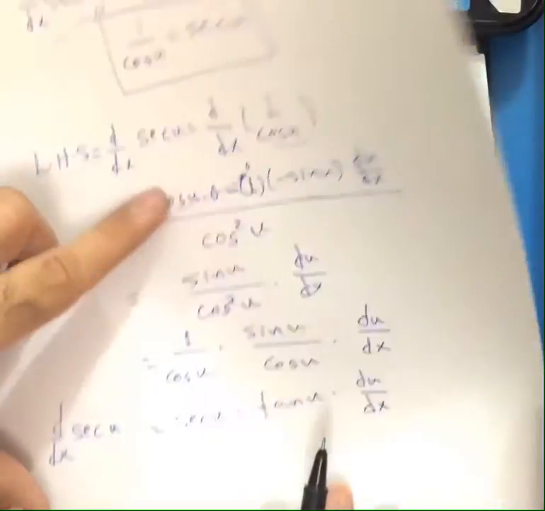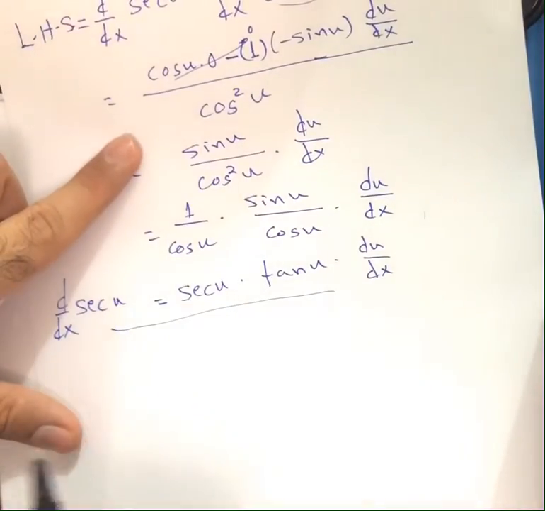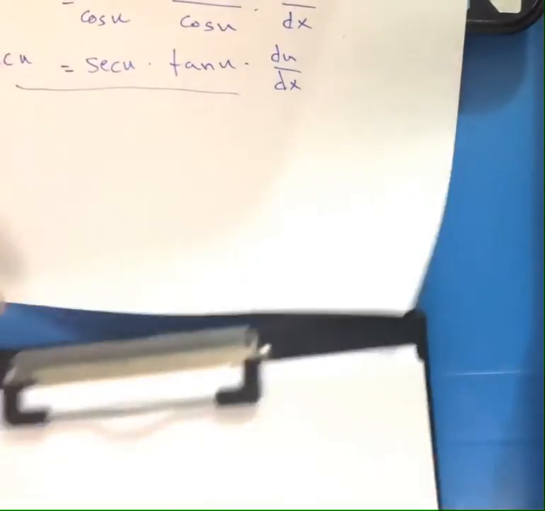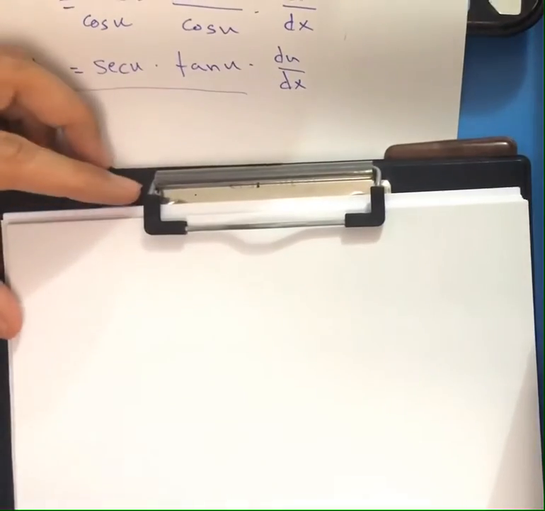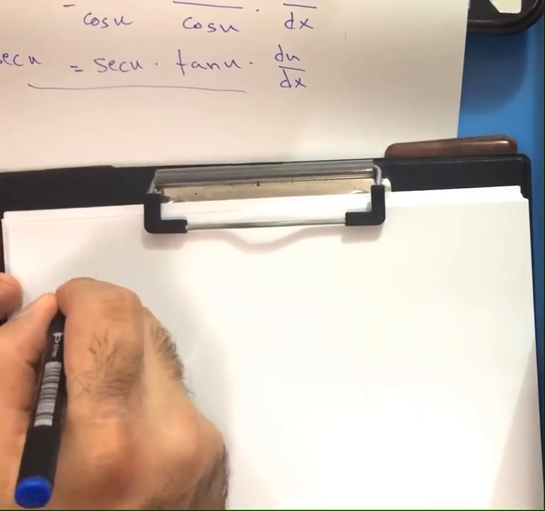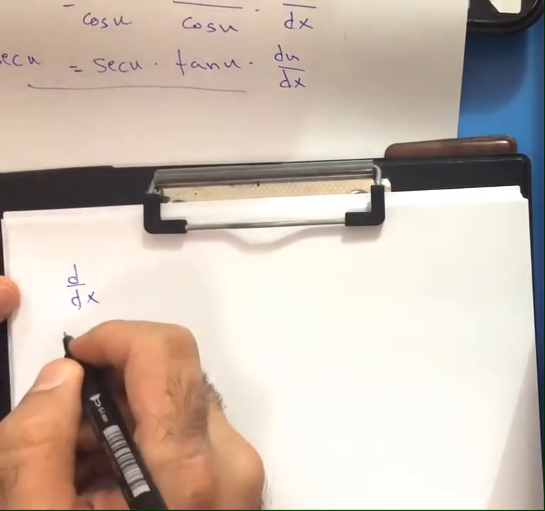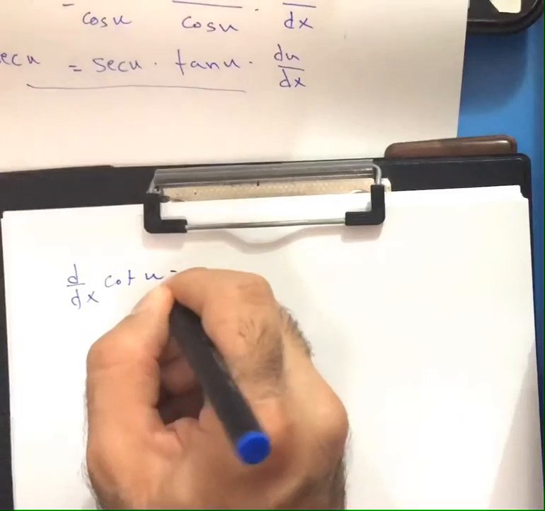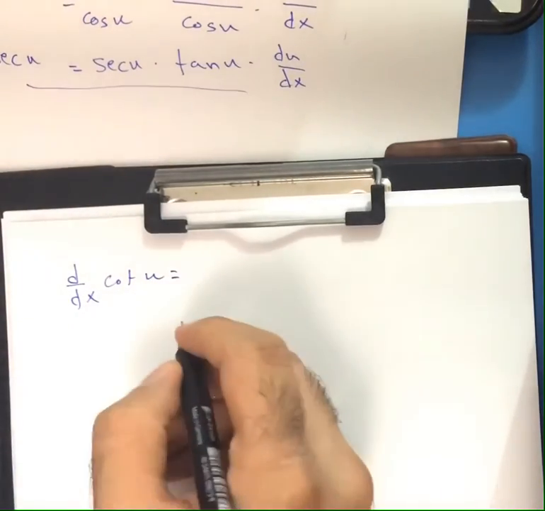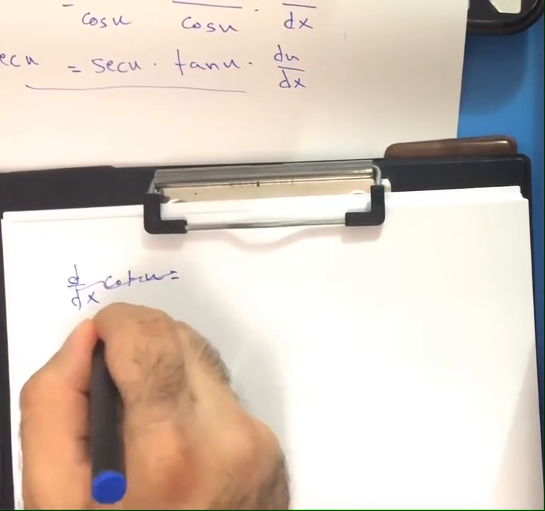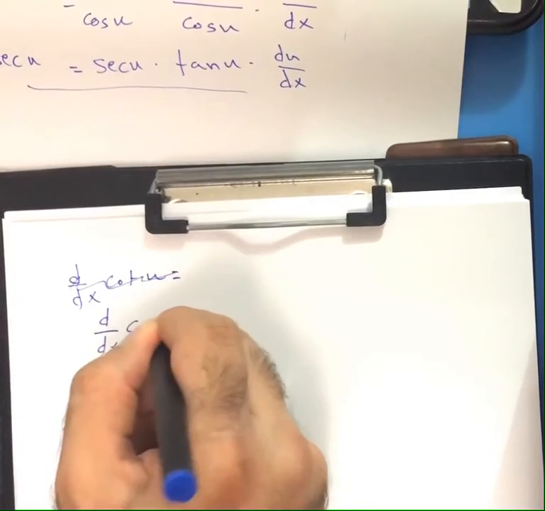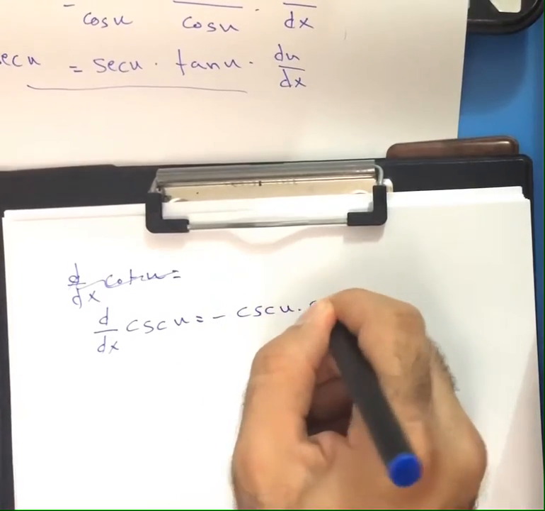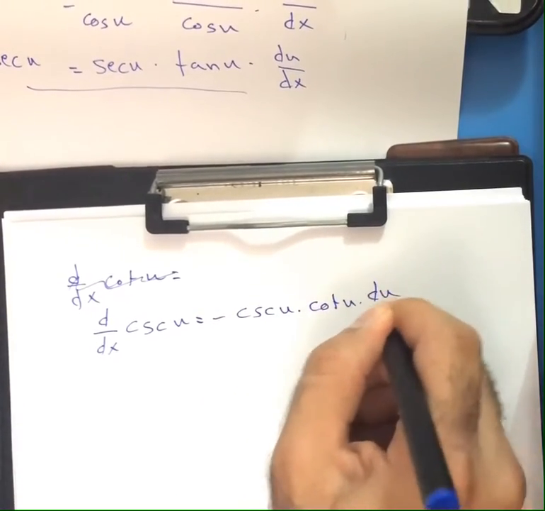We can use actually the same procedure to prove that d by dx for cosec u is equal to minus cosec u cotan u du by dx.